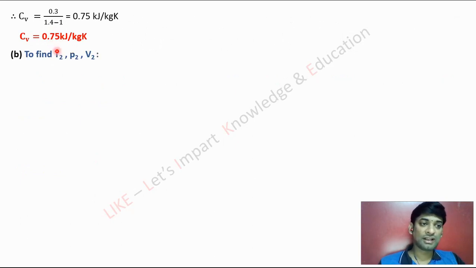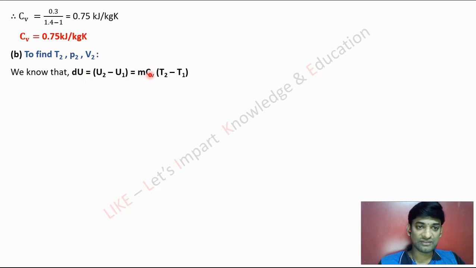Next, you have to calculate temperature, pressure and volume at exit condition. First, we will start from temperature. You know the formula: du, that is change in internal energy, that is U2 minus U1, is equal to M into CV into T2 minus T1, that is M CV delta T, final temperature minus initial temperature.